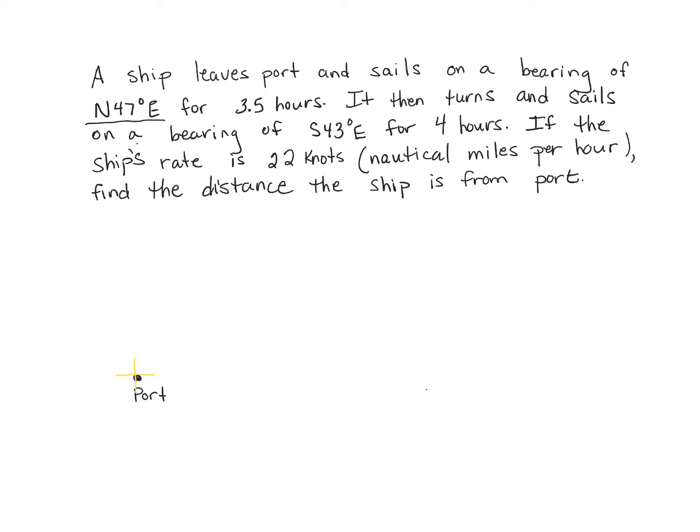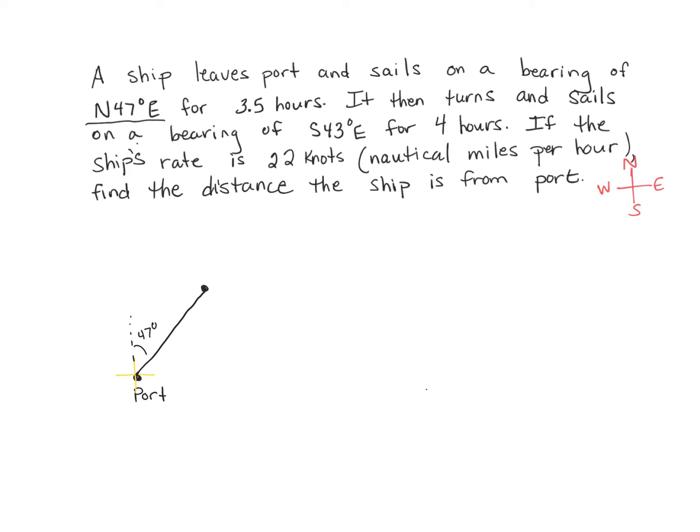And we know, let me write it up here, we have north, east, south, west. So we're going to go north, so up, and then 47 degrees in an easterly direction. So we're going to have something that looks approximately like this. So we know that this is 47 degrees.